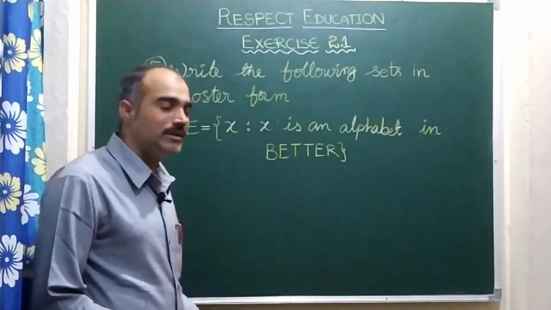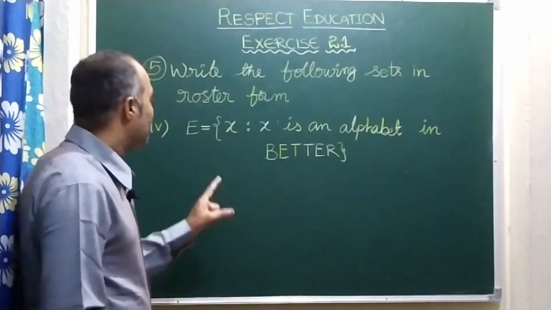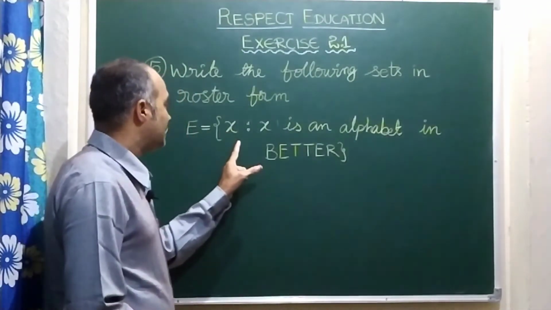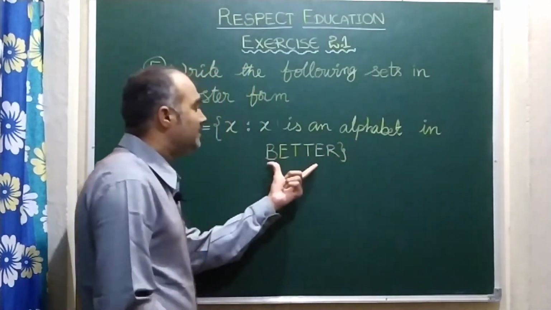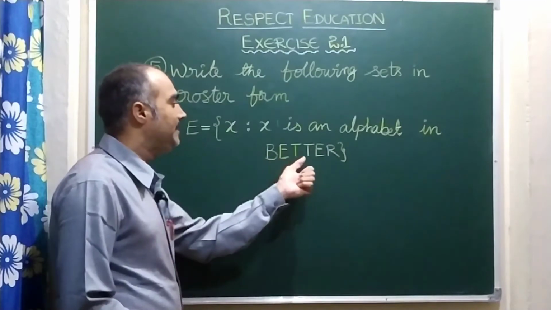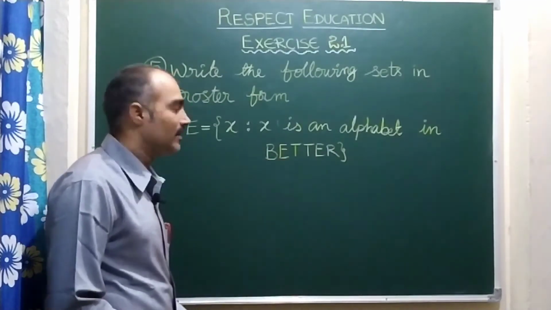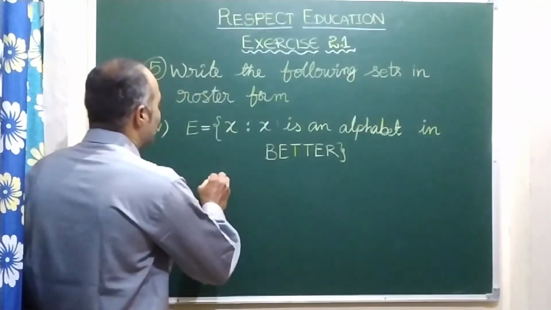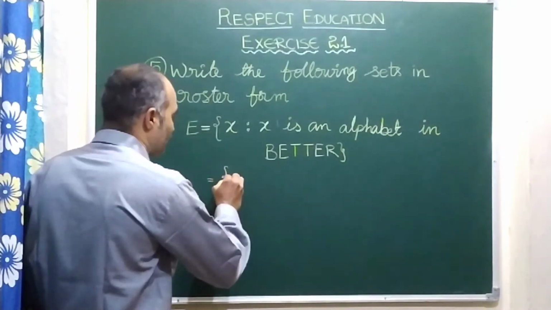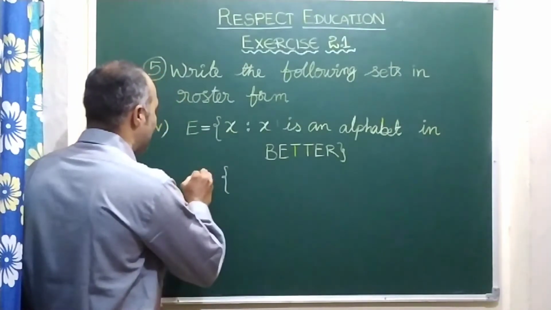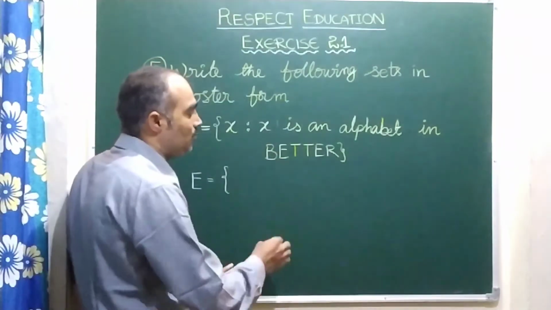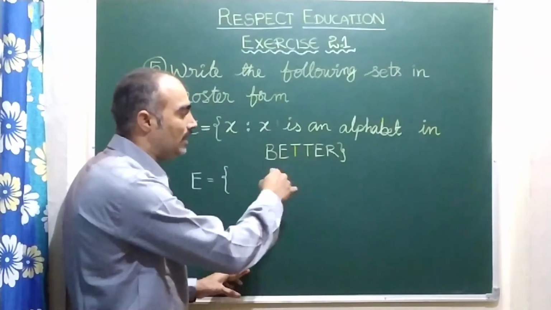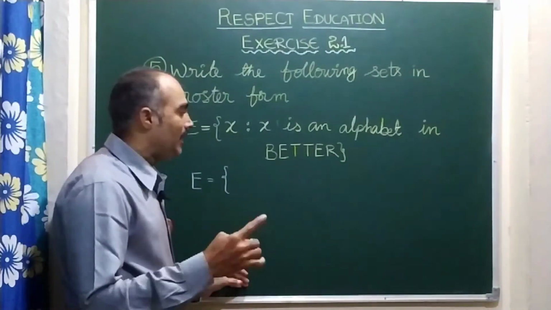Now let us see the next bit, that is the fourth bit. E equal to x such that x is an alphabet in the word BETTER. So for writing roster form, E can be written as E equal to, here I told you the order of elements is immaterial.